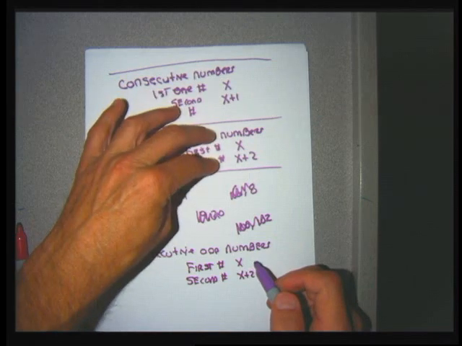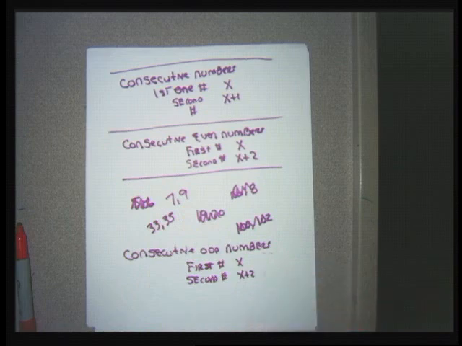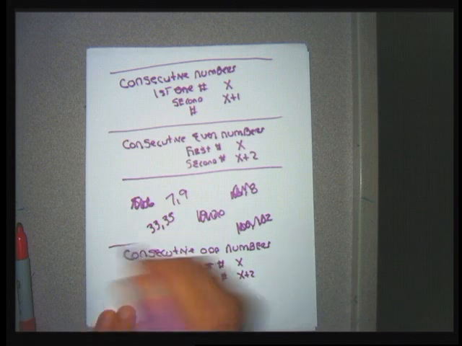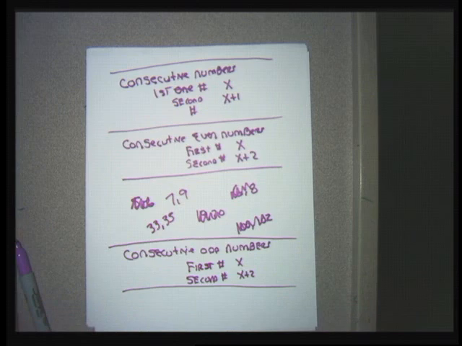Both consecutive even numbers and consecutive odd numbers are 2 apart. And when numbers are 2 apart and you're trying to find two numbers, you usually call one of them x and the other x plus 2. So these are little facts that will help us get through the problems a little bit easier, because it'll help us name the variables, and that's kind of the hard part for some of these problems, just figuring out what to call the variables.